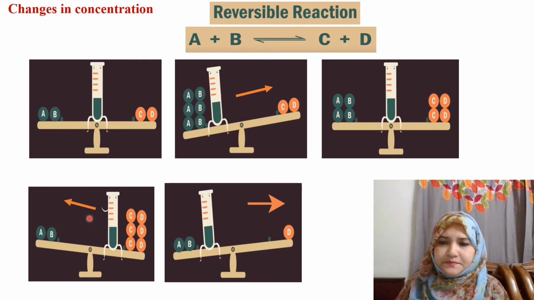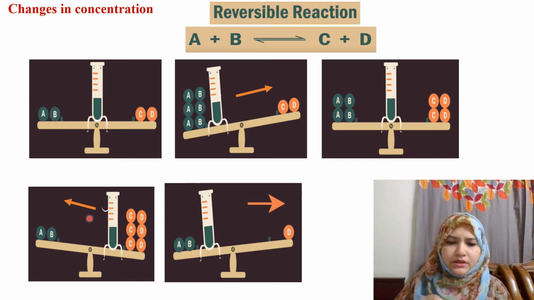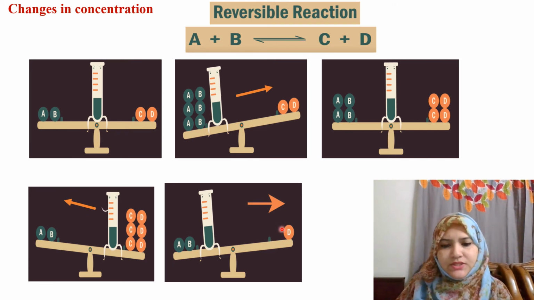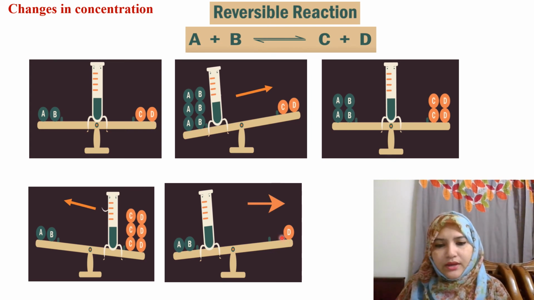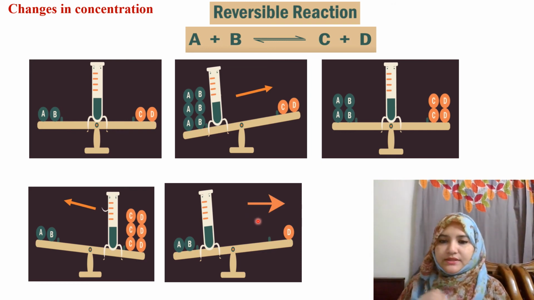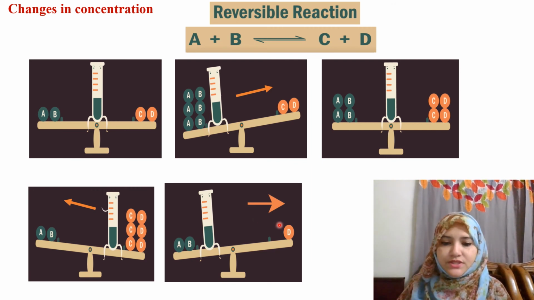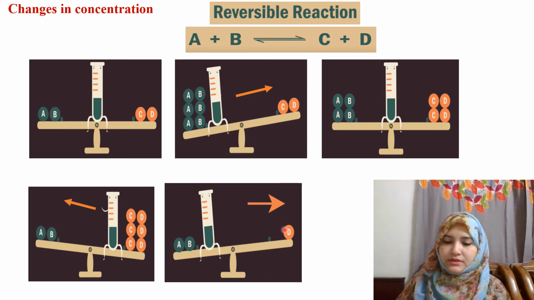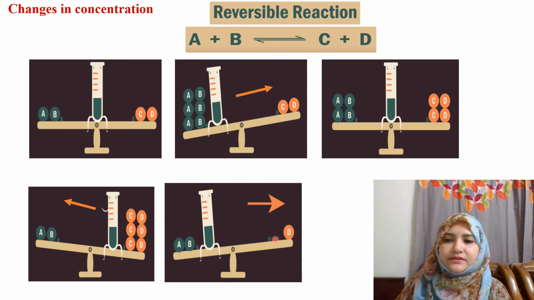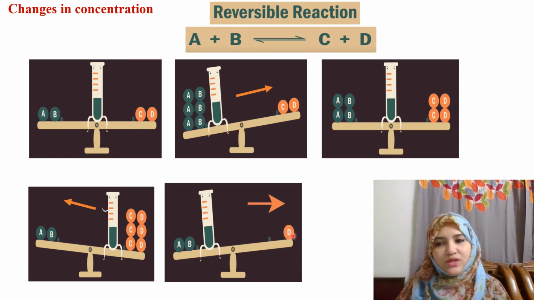And if the concentration of C and D is decreased, now this is another condition. This last picture shows another option. If the concentration of C and D is decreased, as the product is produced and we remove the products from the reaction vessel, then the system is also stressed.